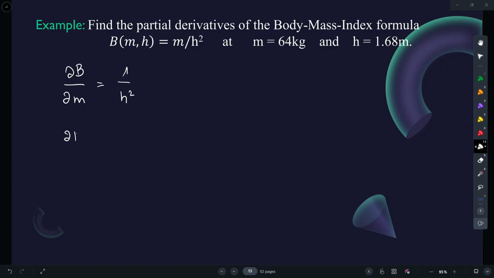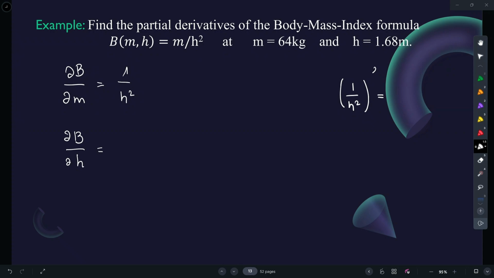The derivative of the BMI with respect to h, though, is, what is the derivative with respect to h of 1 over h squared? You can see that using the notation with primes that I just erased is going to be very confusing.